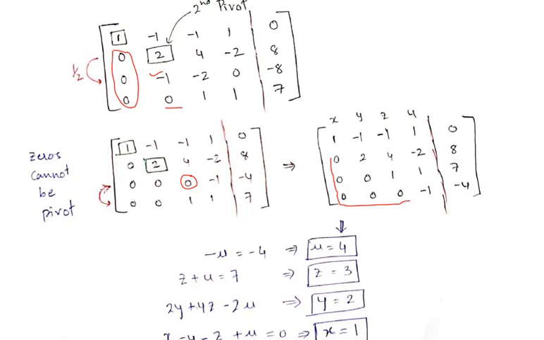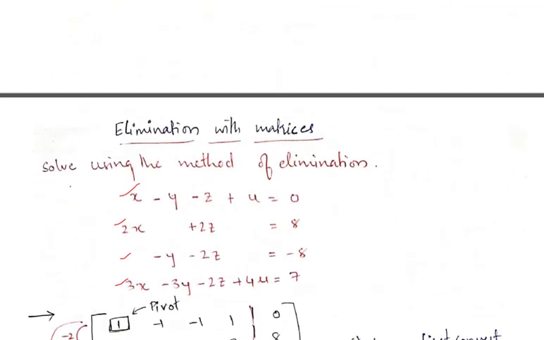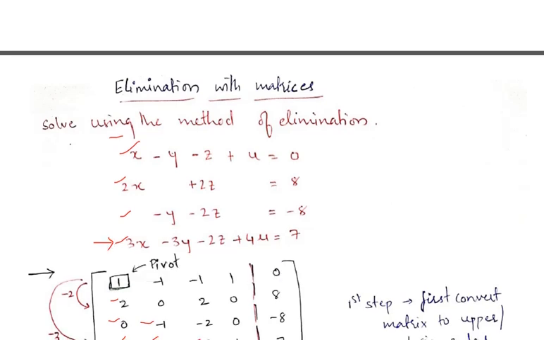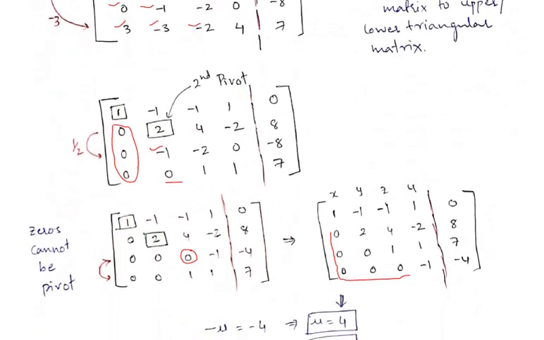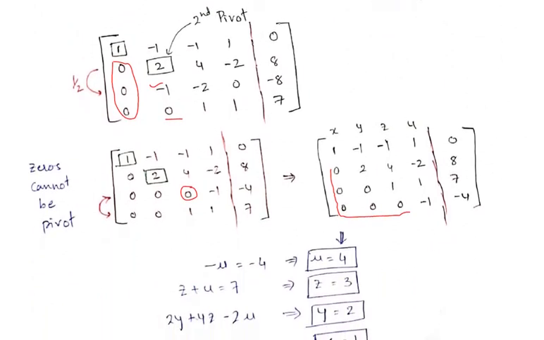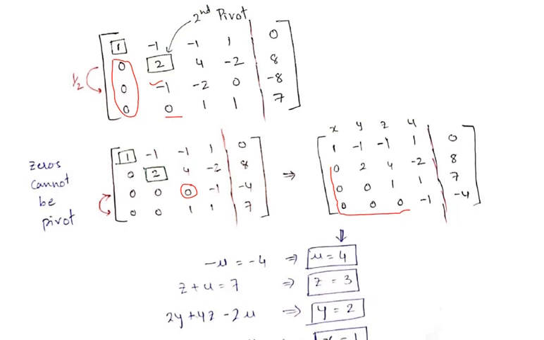This exchange of rows will not affect anything. You can see here, instead of writing this equation here, I can write this equation here. The very first equation can be the very first equation, no problem. So only the matrix will change its rows, so it doesn't affect our procedure by exchanging the rows.